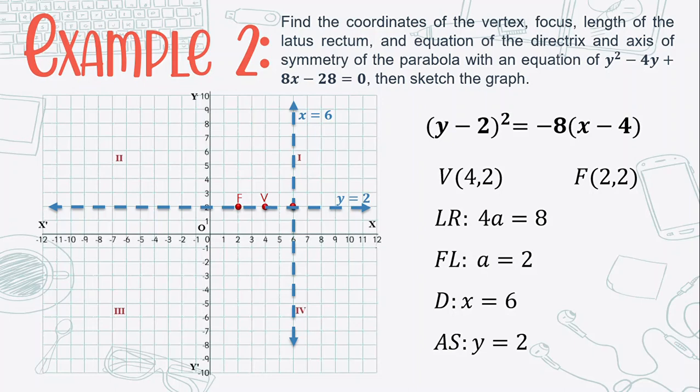Since we have 8 as our latus rectum, we count 4 units above our focus and 4 units below our focus to get a total length of 8. Then, by just observing the endpoints of the latus rectum and the vertex, we can assume the behavior of our graph. So just connect the 3 points, and there we have the graph for y squared minus 4y plus 8x minus 28 is equal to 0.